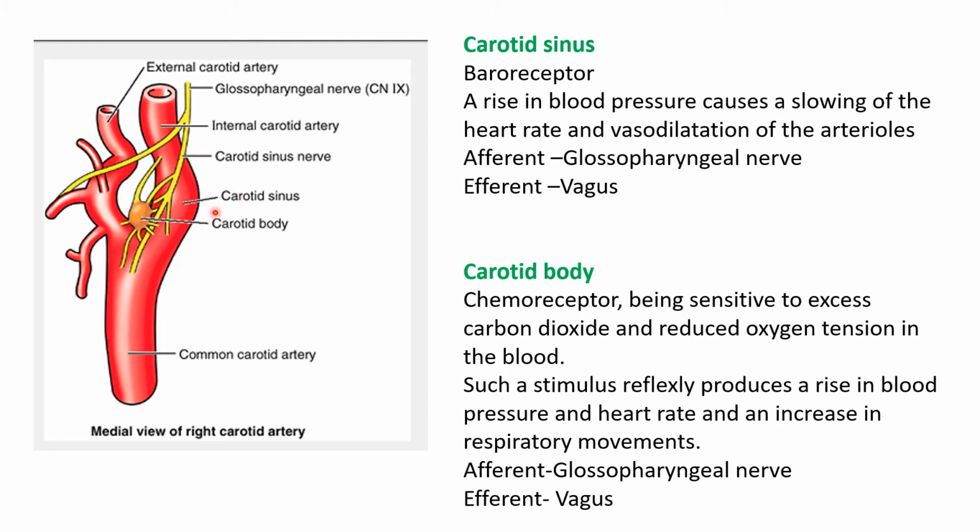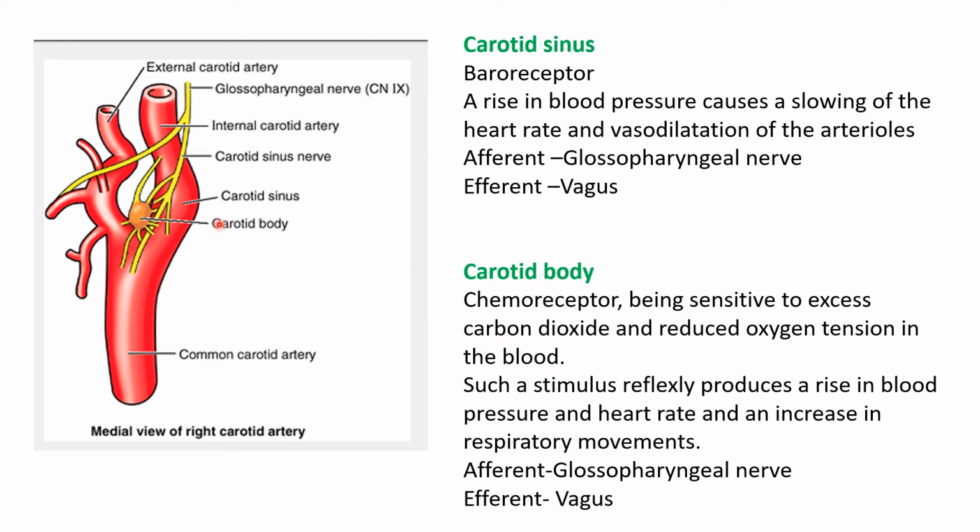This carotid sinus is innervated by terminals from the glossopharyngeal nerve as well as the vagus nerve, which are involved in the reflex mechanism. On the medial aspect of the common carotid artery is present a carotid body, which is a chemoreceptor, which is mainly sensitive to the oxygen tensions, but also to some extent to the increase in carbon dioxide as well as the pH of the blood.